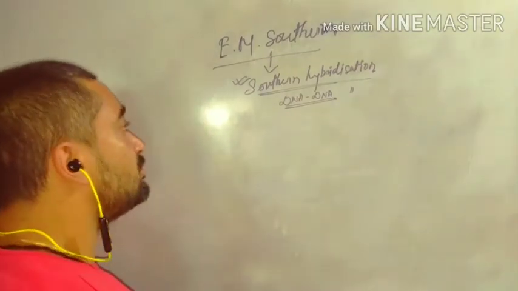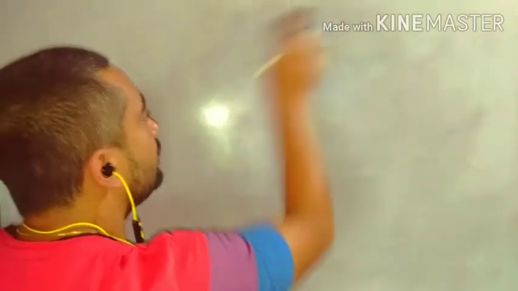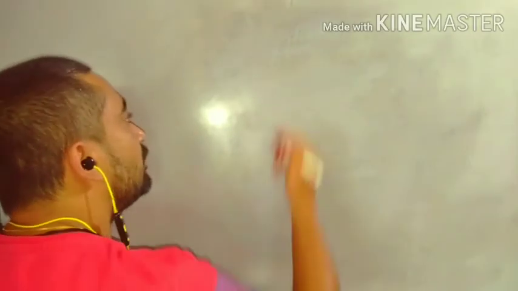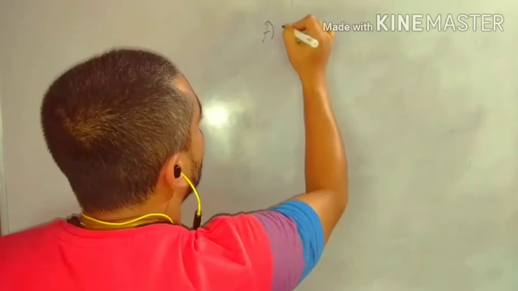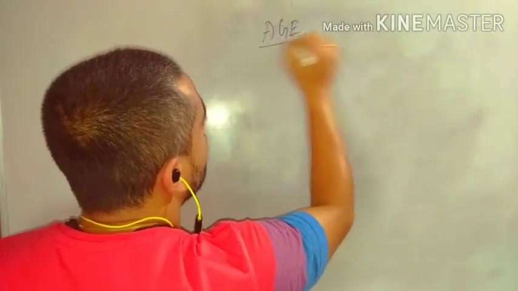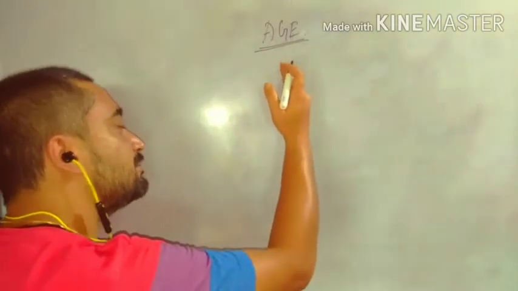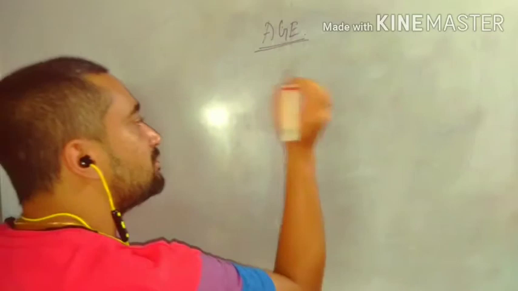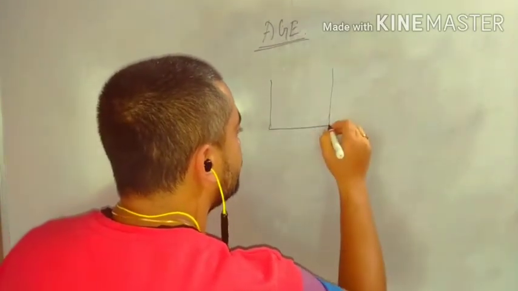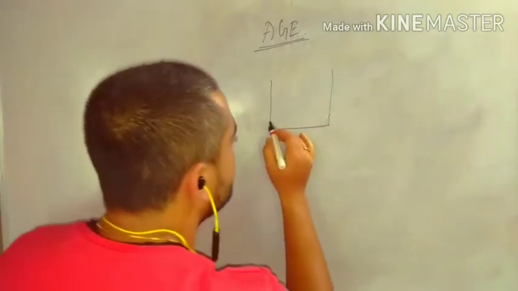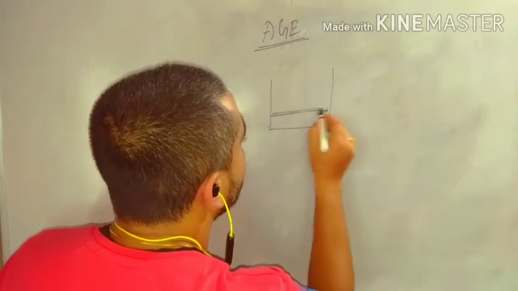Now it all starts with what I told you a while ago, that is agarose gel electrophoresis. Firstly, it starts with agarose gel electrophoresis. Then we extract this DNA, and this gel is placed inside a beaker.